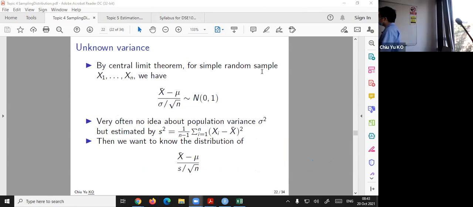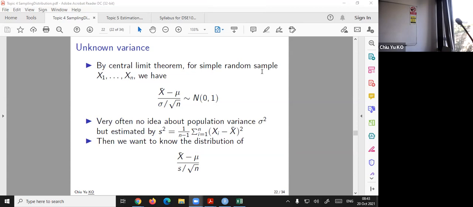And lastly, we talk about this one, which also looks very important. We will talk about this again today. This is similar to this one, right? The only difference is that here we know the sigma, the variance of the population. But in the real world we never know sigma.